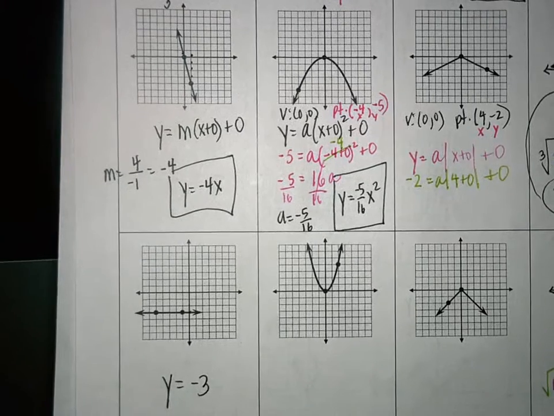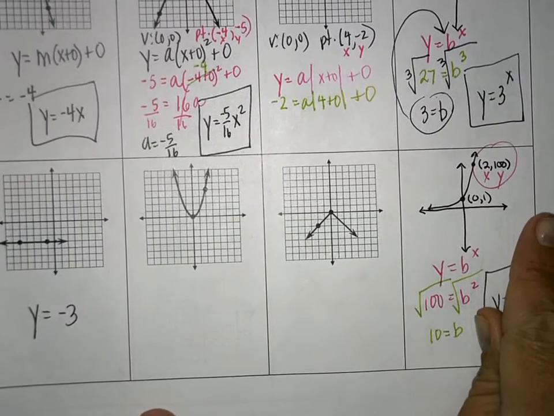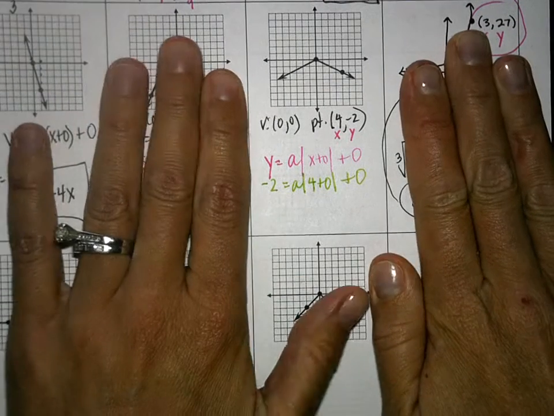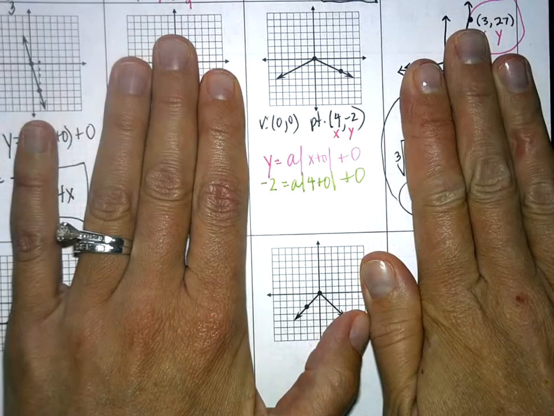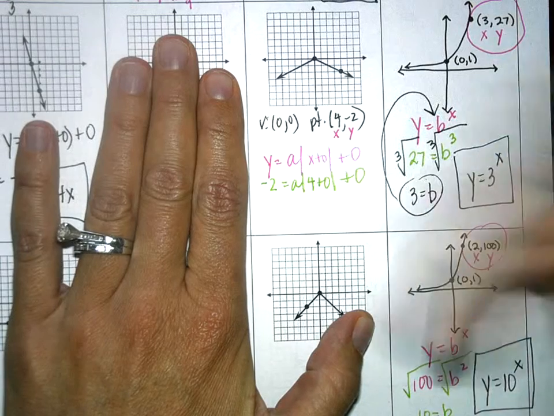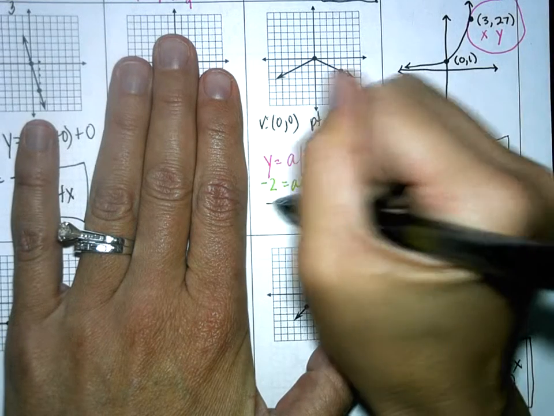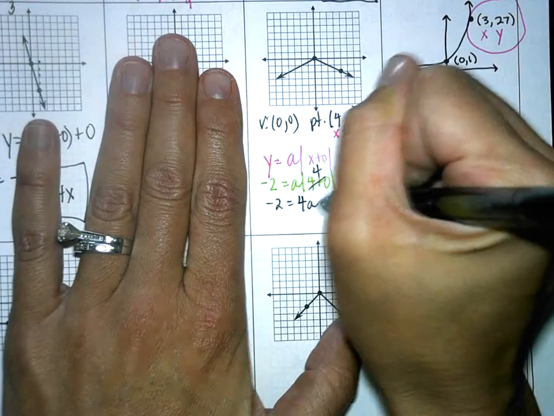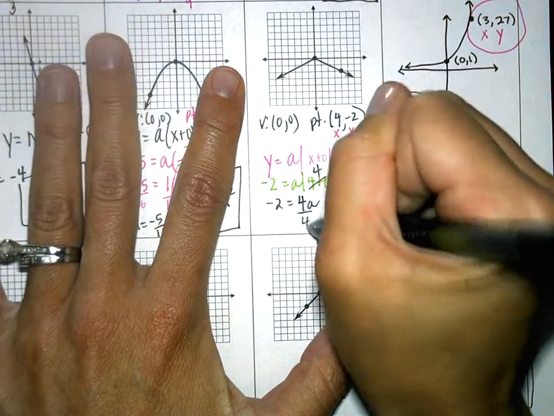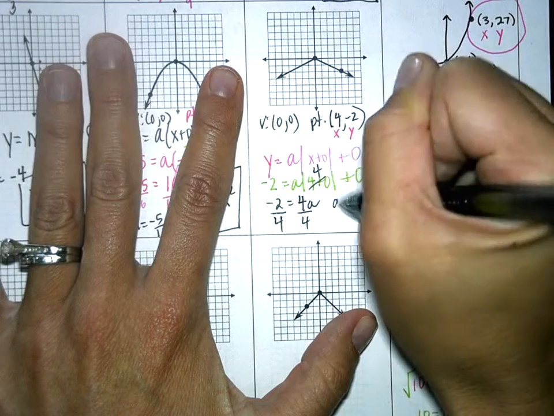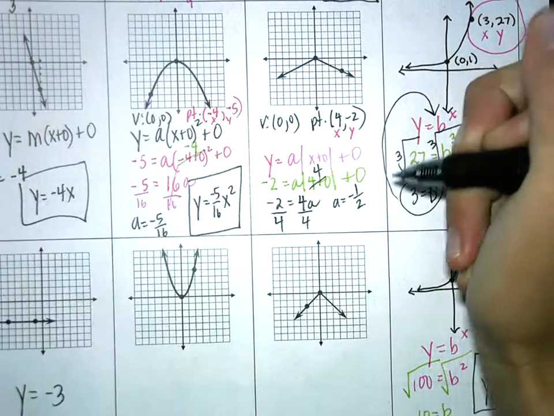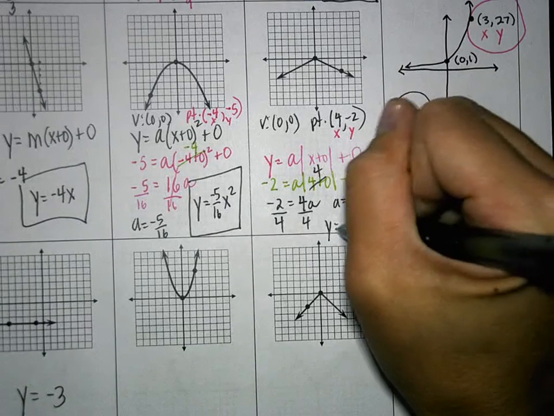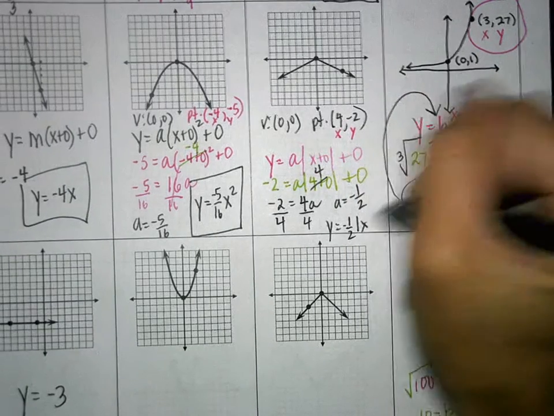Okay, so we're right here. Are we good? What's 4 plus 0? 4. So we get -2 equals 4a. Good. We then divide by 4, and so a equals what? -1/2. So what will be my equation? Y equals -1/2 absolute value. Okay.